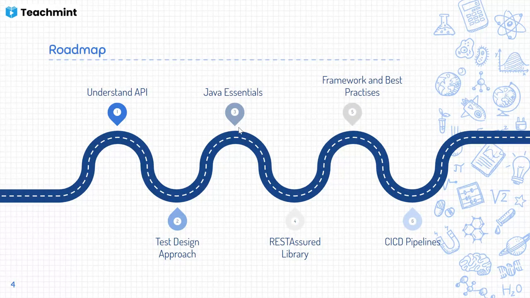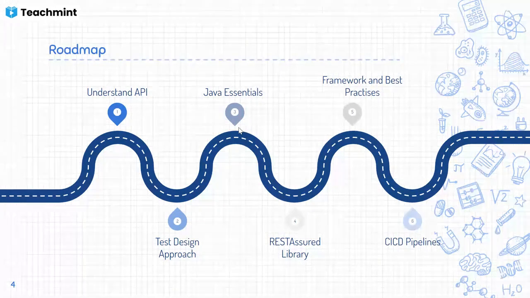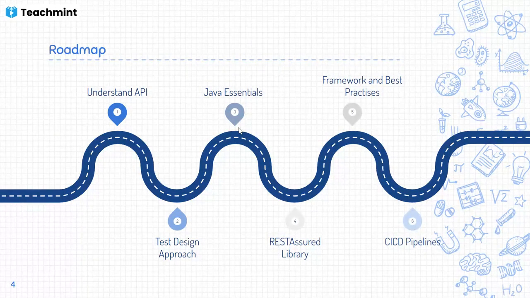And to automate, we have chosen a Java based library. For that, you need to be aware of some essential concepts in Java. You don't need to have any background in Java. We will be teaching the basic concepts which anybody can understand. Okay, just one quick minute, guys.